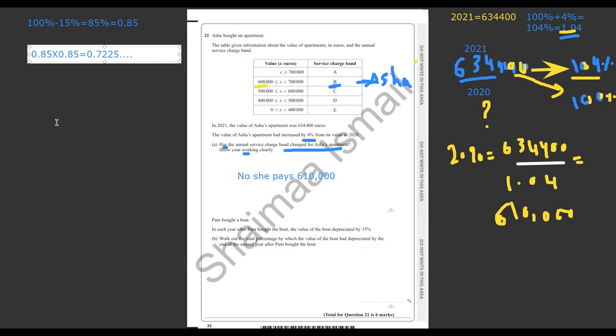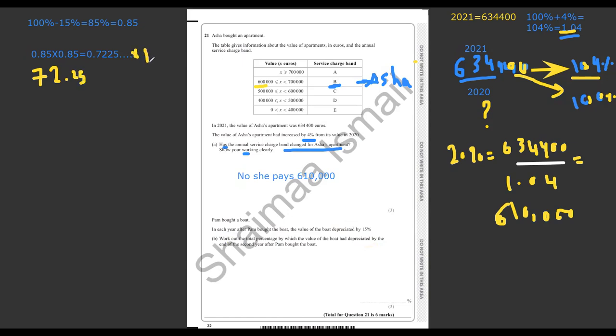After the second year, we already repeated 2. So to work out the total percent, we take this number and multiply by 100, which gives us 72.25.